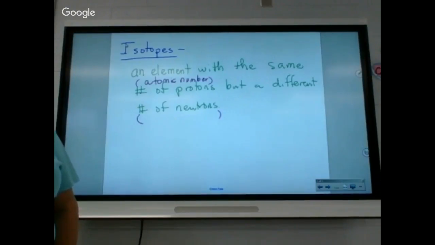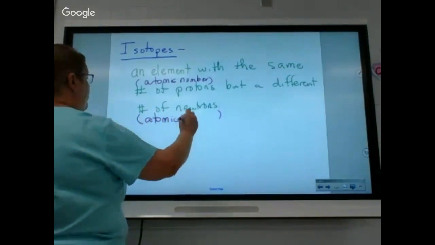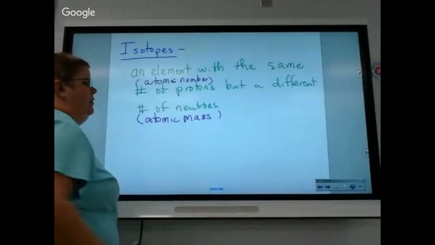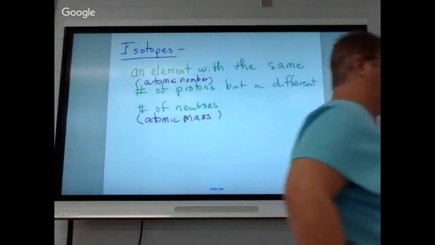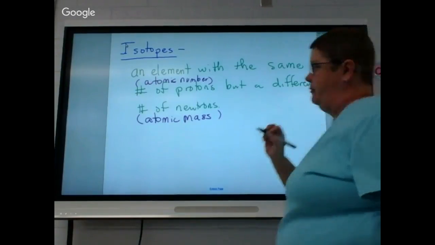Neutrons is found in what number? Atomic mass. Okay? So, it depends on the author of the definition and the book that's being used as to whether they say same protons and different neutrons, or same atomic number, different atomic mass.